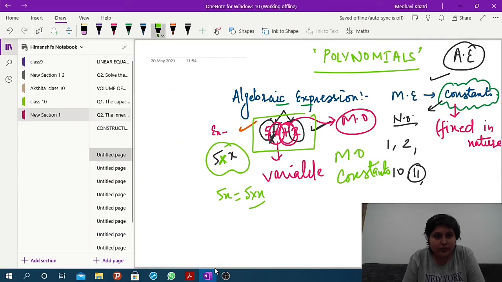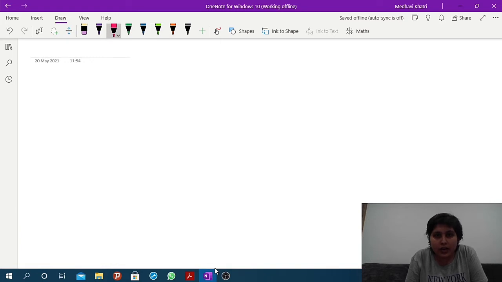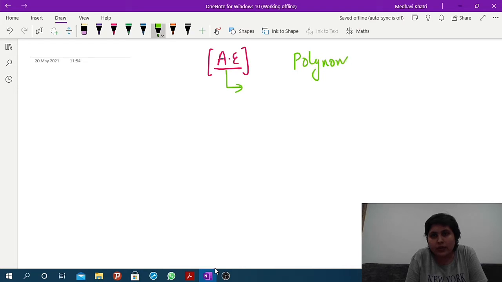Now I am writing in the short form, that is algebraic expression. Let us see what is the basic difference between algebraic expression and polynomials. Suppose I am writing an algebraic expression as 3x square plus 7x plus 8.